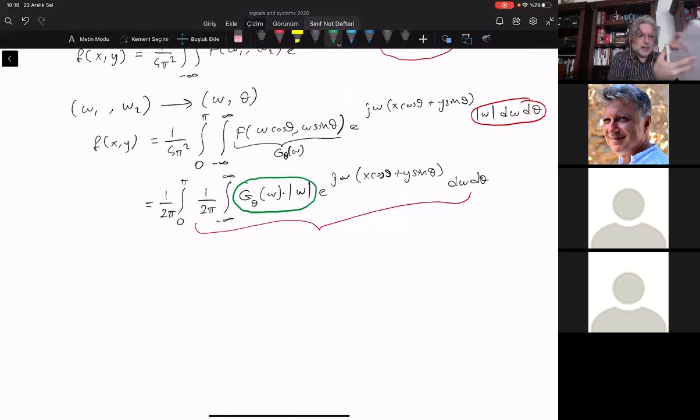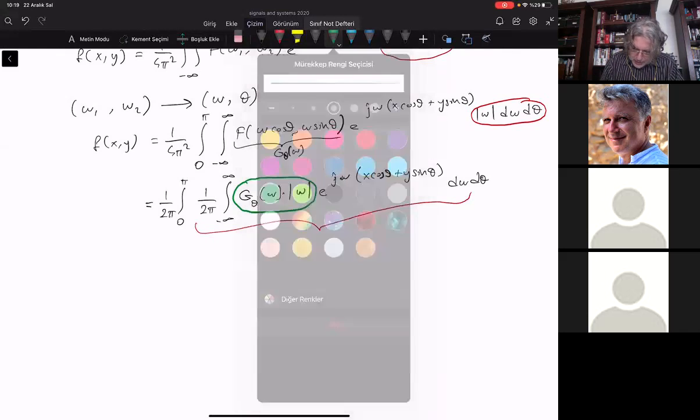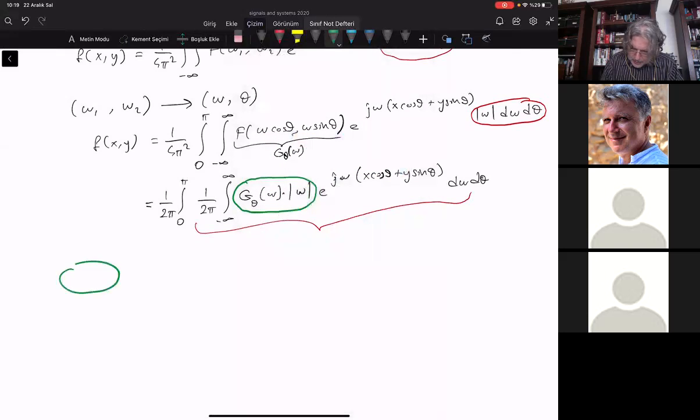So let's write it that way. But I will start from the green part, which was g theta of omega times the absolute value of omega. What is the inverse Fourier transform of it?